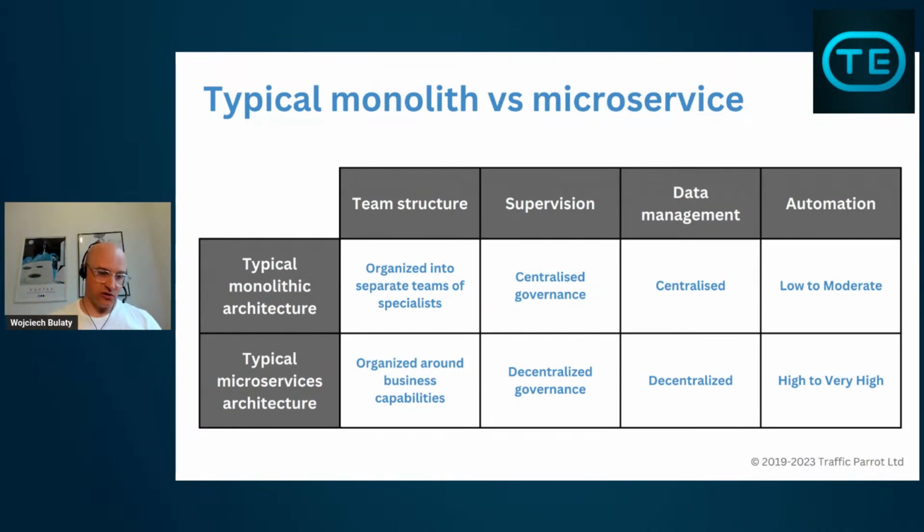We've got two rows here, a typical monolithic architecture and a typical microservices architecture, and four major differences. The first difference would be the team structure. A typical monolithic architecture will be organized into separate teams of specialists, like UI developers, middleware developers, backend developers, operations, DBAs, etc. A typical microservices architecture would be organized around business capabilities.